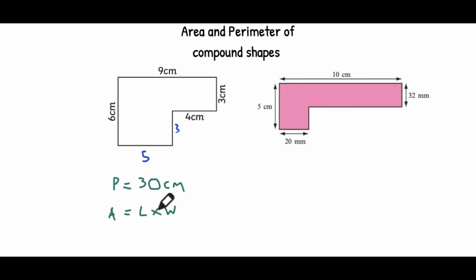Now we're gonna look at our area. Because this is a compound shape, to make it easier, we're gonna cut it into manageable shapes. If we cut this shape here, we're gonna have 2 rectangles, rectangle A and rectangle B. Rectangle A has a length of 6 and a width of 5.